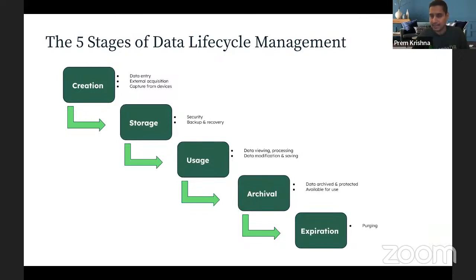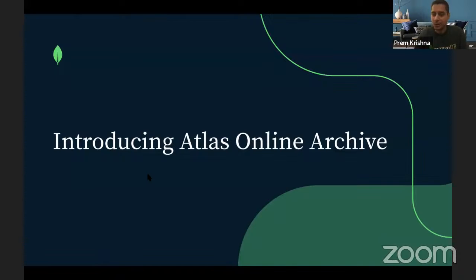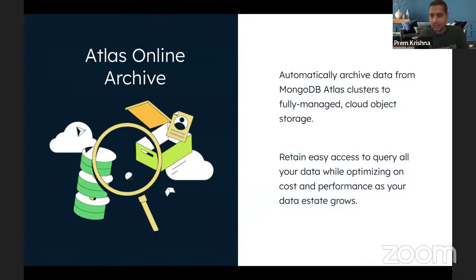Within MongoDB Atlas, it is dealt with by the product called Online Archive, which you're also familiar with. So, introducing Online Archive: as you know, Online Archive automatically archives data from the MongoDB Atlas clusters to fully managed cloud object storage.